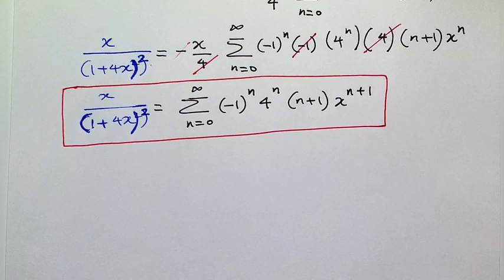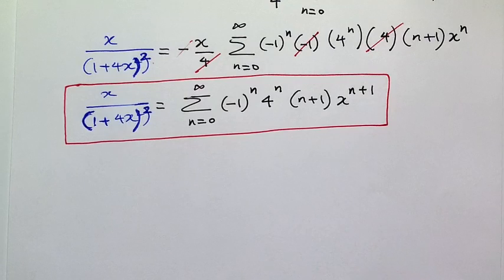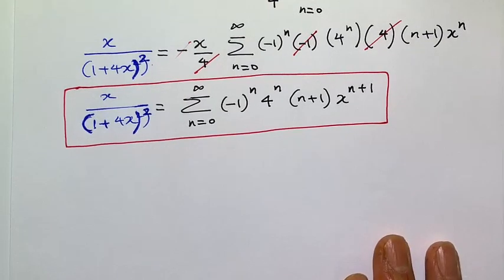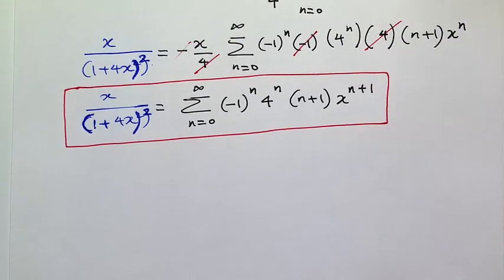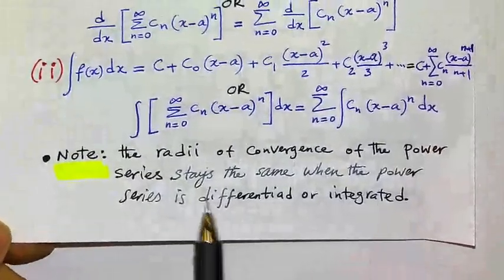Okay, so now we'll have to find the radius of convergence. That goes back to what we mentioned earlier, that the radius of convergence does not change through differentiation and integration. So I want to bring this note to your attention.